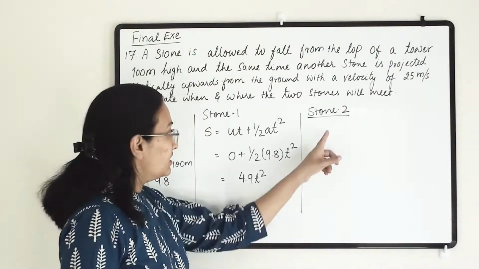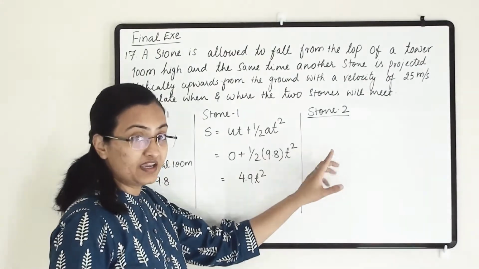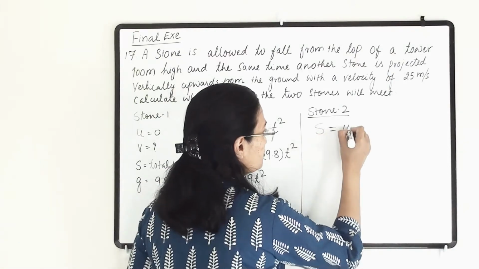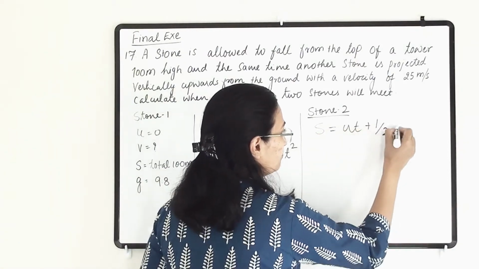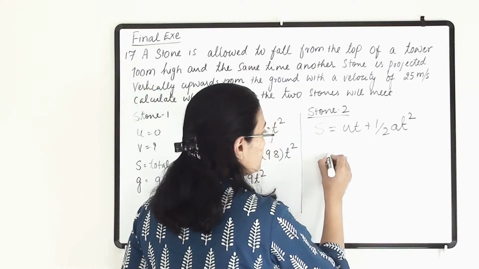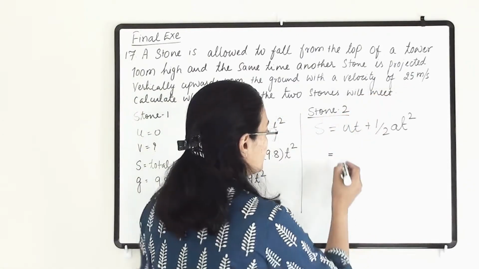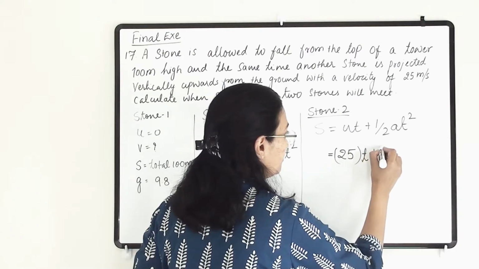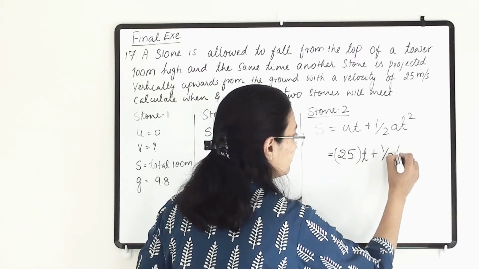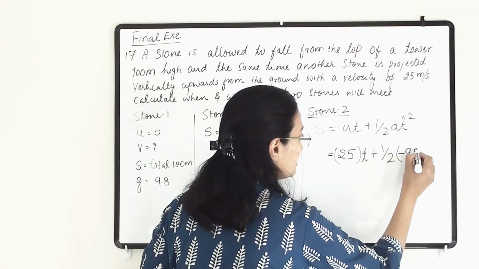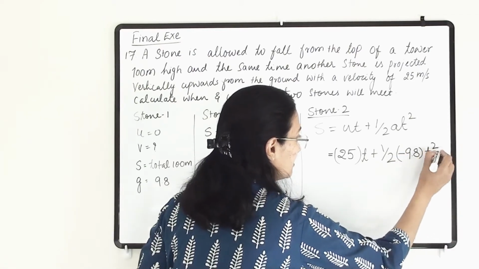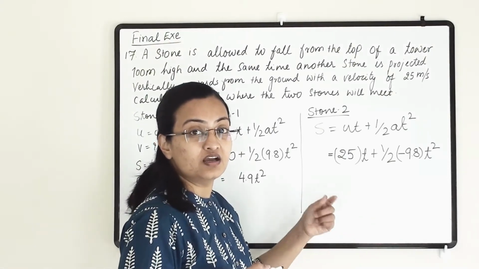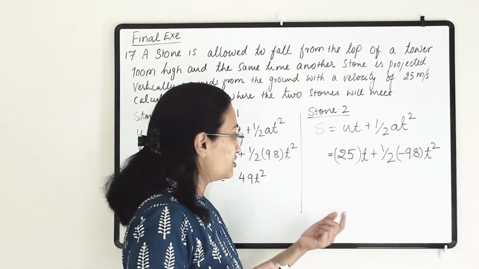So similarly, the distance for stone 2 is S equals ut plus 1/2 at square. Here they have given 25 meter per second. So 25 into t plus 1/2, and this is going to be minus 9.8 t square because this is in the opposite direction and it is against the acceleration due to gravity.